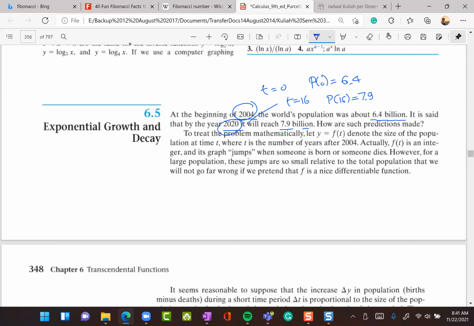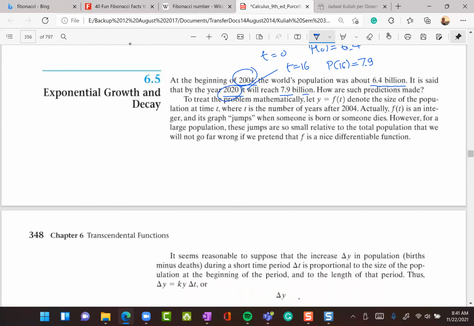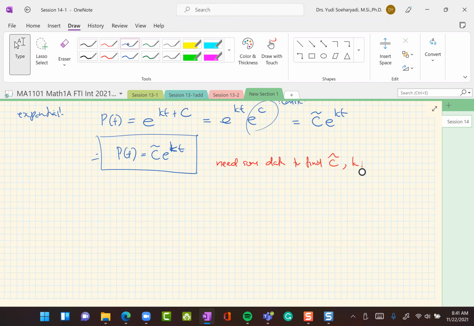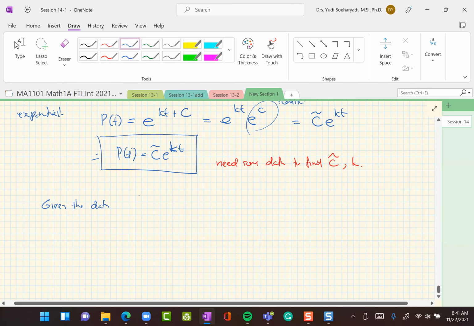So that's our data: P of 0 is 6.4 and P of 16 is 7.9.